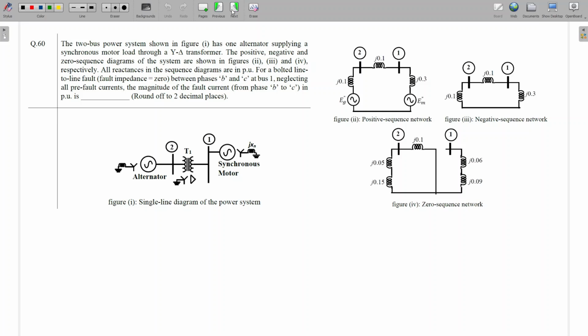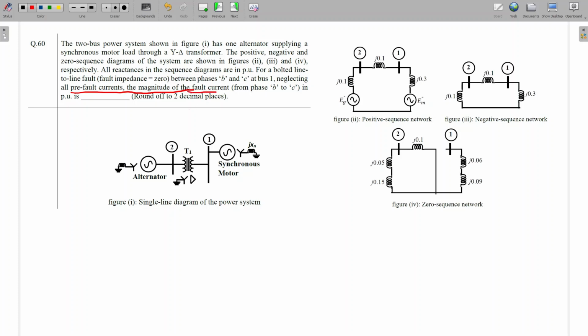This is a fault analysis question. First I will tell you the basics of what to consider while solving fault analysis questions. The main thing is the pre-fault condition. Here it is written that pre-fault current magnitudes are neglected.